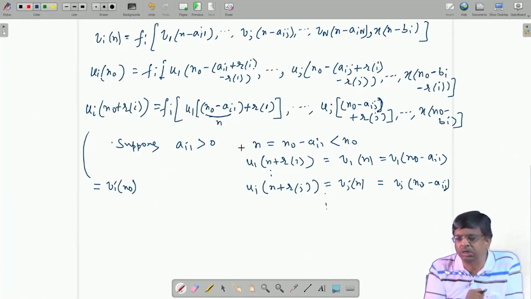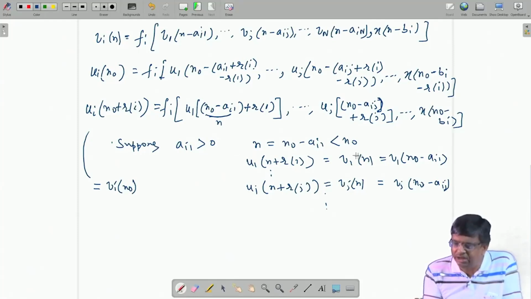Then you can ask me a question, what about those DFGs where suppose ai1 is 0? If ai1 is 0, n and n naught are the same, so it is not less than, it is equal to, so you cannot use the induction hypothesis, because the induction hypothesis says that for n less than n naught, the relationship which I try to prove is valid. But if n is n naught, then I cannot say that this is equal to this. If n is less than n naught, then u1 n plus r1 will be v1 n.